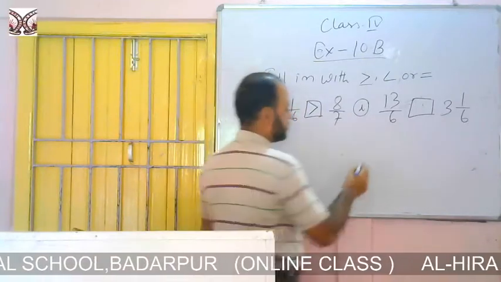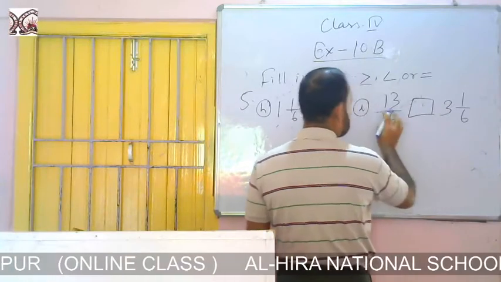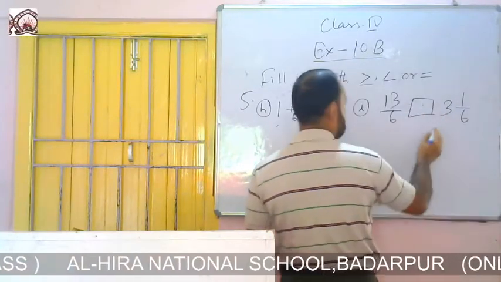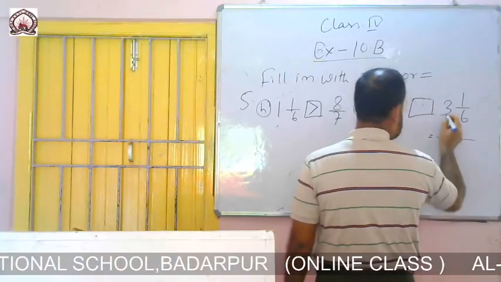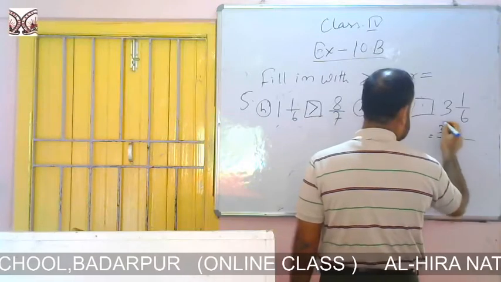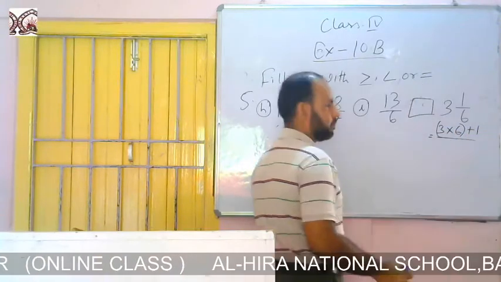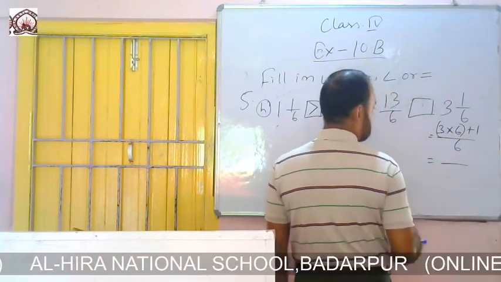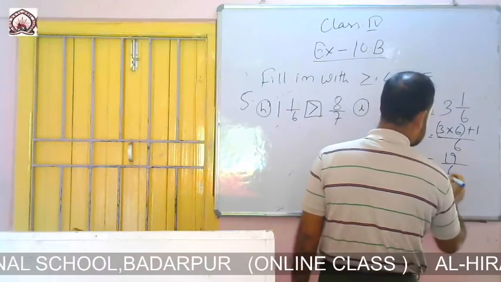Here 13 by 6 is an improper fraction and 3 1 by 6 is a mixed fraction. So first mixed fraction to improper fraction. It is 3 into 6 plus 1 by 6. So 3 6s are 18 plus 1, 19, 19 by 6.